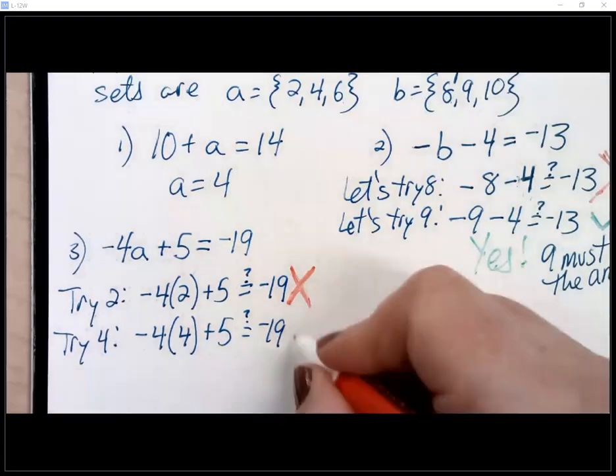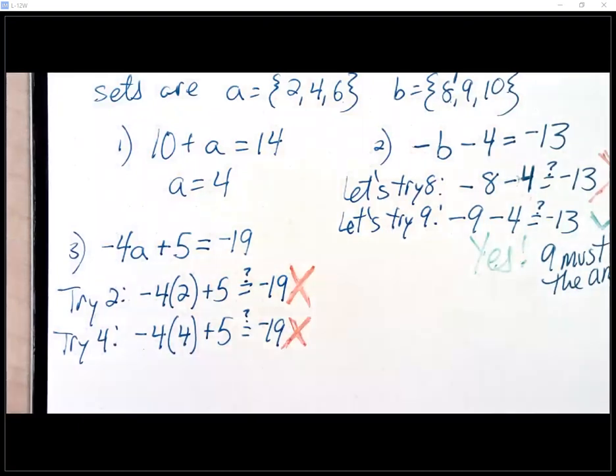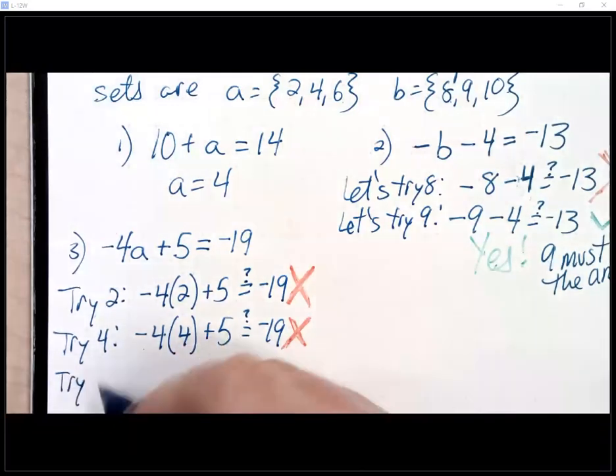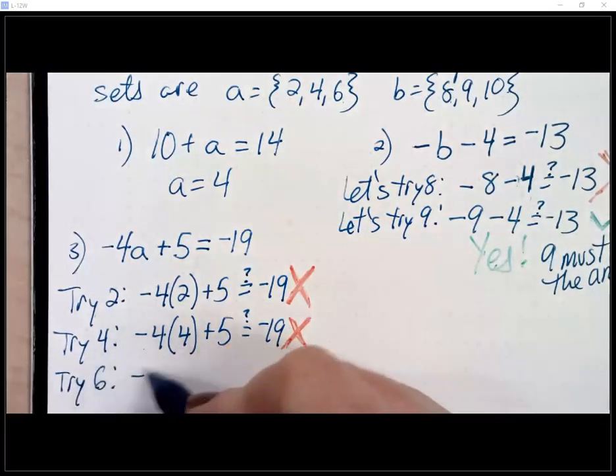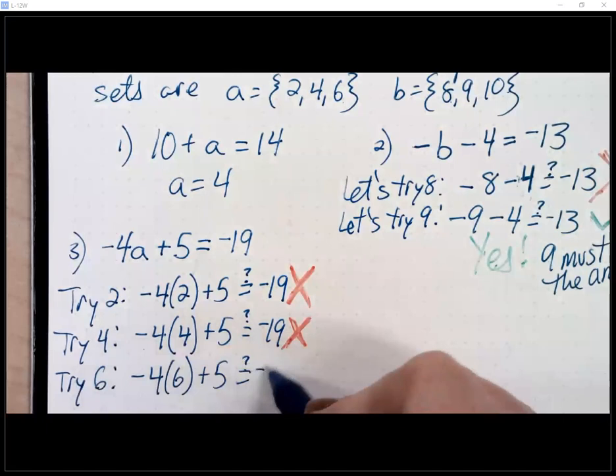So we're really hoping that it's 6 because it has to be one of the 3, supposedly. I guess it's possible that there's an error and it's not one of these, but let's try it. -4 times 6 plus 5. Is that in fact -19? Well, let's see. What's -4 times 6?